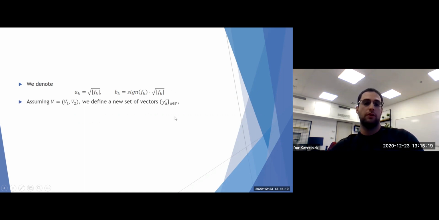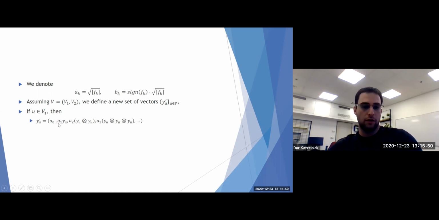So now we are going to define this set of vectors, this y prime. And now it will be based on the bipartite structure of the graph. So if u is in V1, on one side of the graph, then we define the following vector. We have y prime u, which is the following vector: we have a0, and then we have a1 times y_u, and here y_u is in fact a vector.